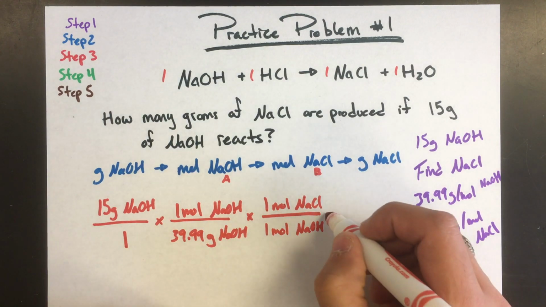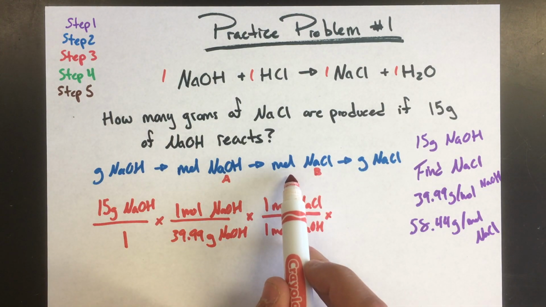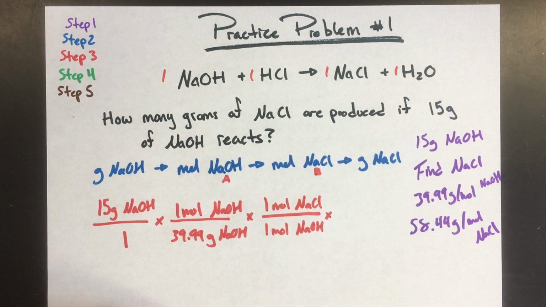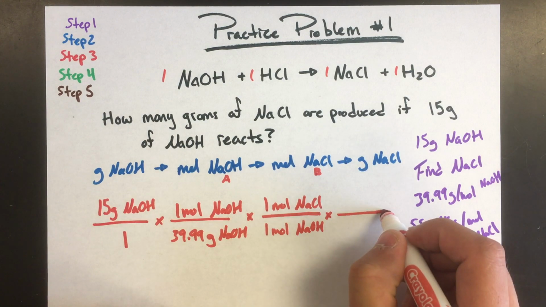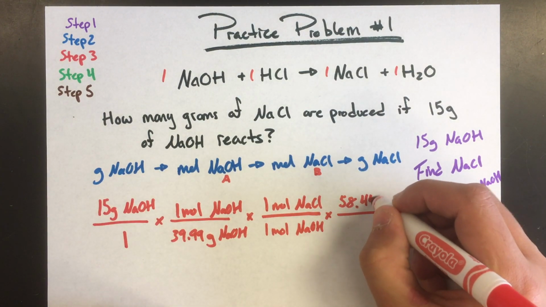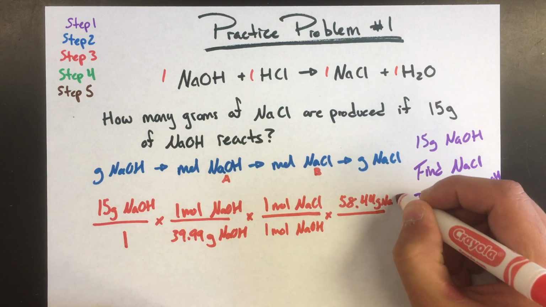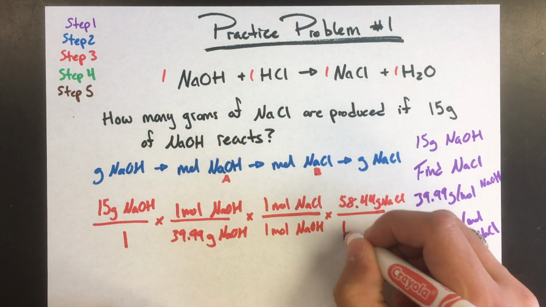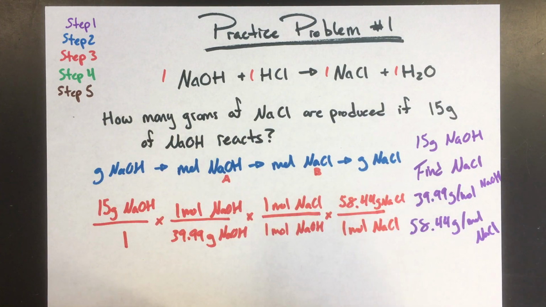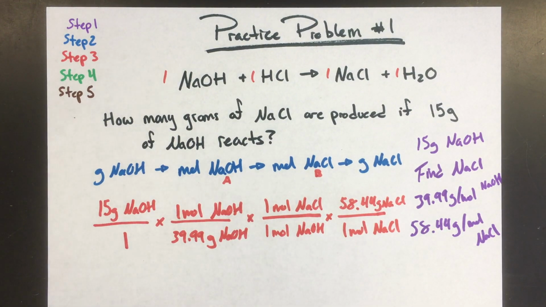Then from here, we can go from moles of sodium chloride to grams of sodium chloride, and when we do moles to grams, we multiply by the molar mass, which we know is 58.44 grams of NaCl for every 1 mole of NaCl. And there we go. So that is our correct conversion factors.